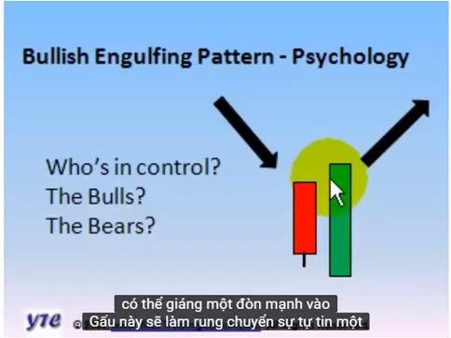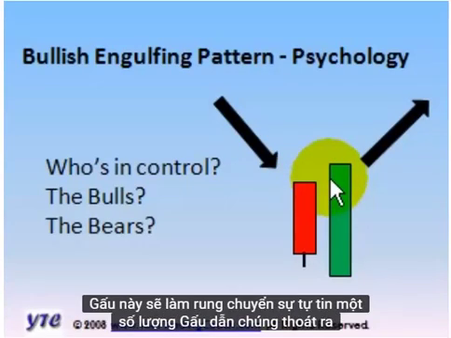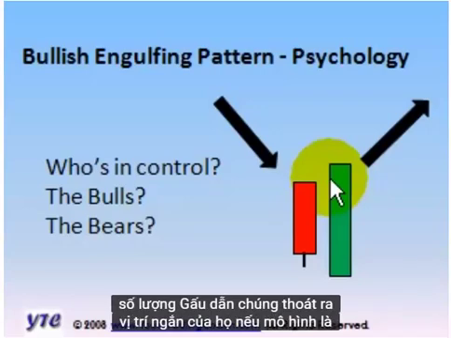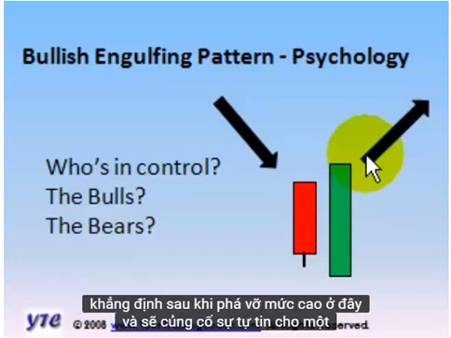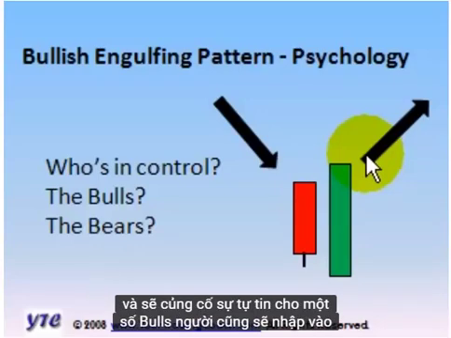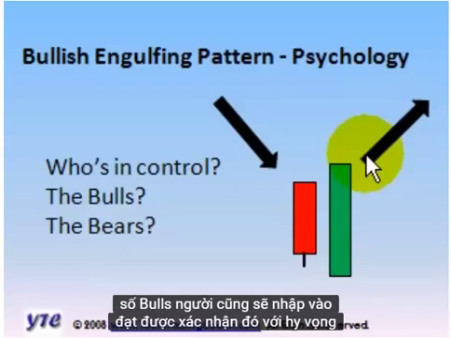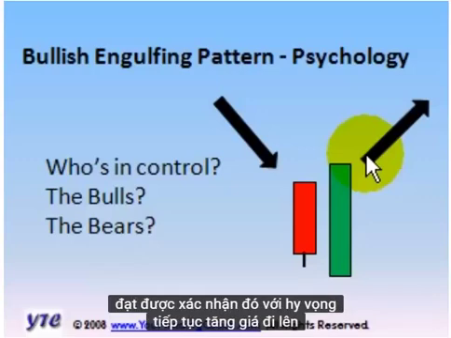This will shake the confidence of a number of the bears, leading them to exit their short positions if the pattern is confirmed on a break of the high here, and it will strengthen the confidence of a number of bulls who will also enter on achieving that confirmation, helping to continue the bullish move upwards.